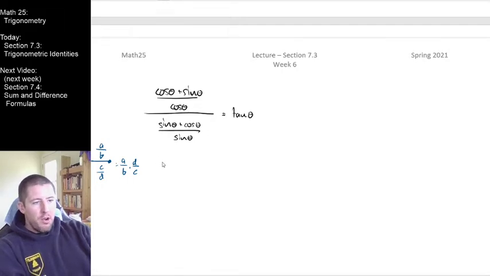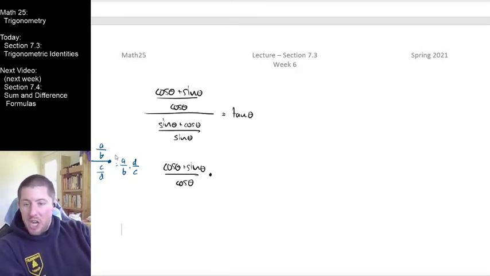So what I'm going to get for my new fraction now is I'm going to keep the numerator. I'm going to keep change flip. I'm going to change division to multiplication. There it is. And I'm going to flip the denominator fraction down here.